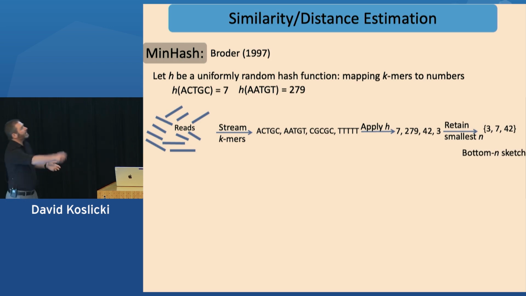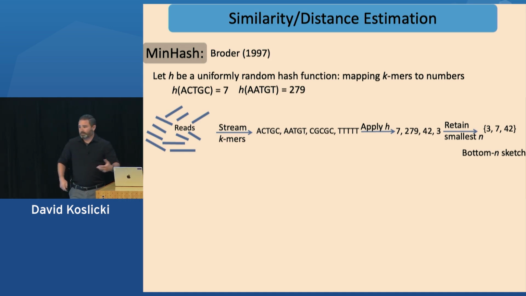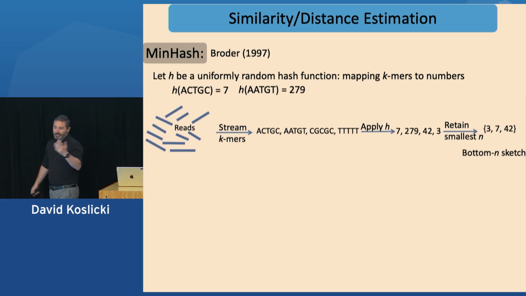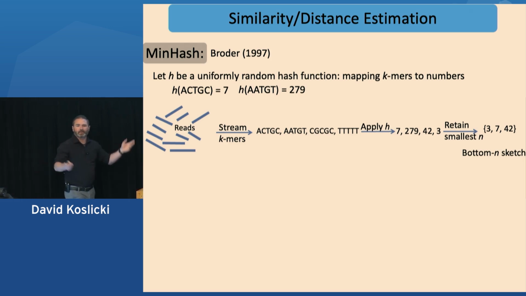So you have selected a fixed amount, n, of these numbers that came from your individual k-mers. And if your hash function is bijective, or even just injective, these correspond to unique k-mers over here, so you can think about selecting random k-mers.